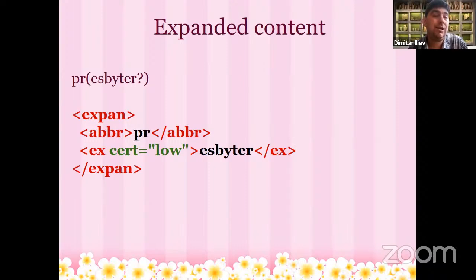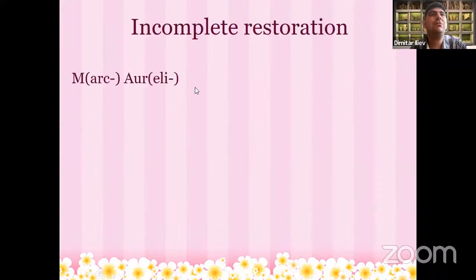And as Elena said, don't worry: in the places where you cannot have certainty low, the validation against the TEI EpiDoc schema will certainly tell you that this attribute has no place here. And if you can use it, then it will say nothing. Another thing is that if you have certainty type low, it is almost always visualized, but there are some cases when you have incomplete restoration.